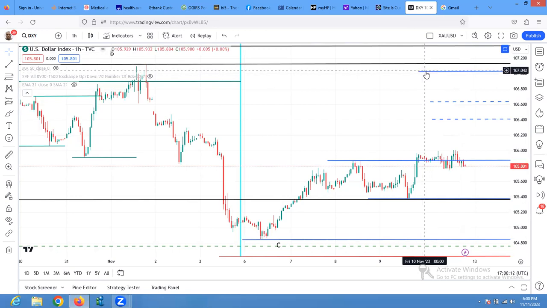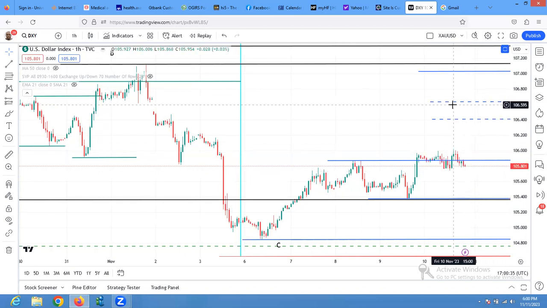A break out of here tells us for sure it is wave 5 to the upside. But again, if the price comes one more time to the downside and gets to this point, we are looking for a possible sell, a price action around this area to sell.